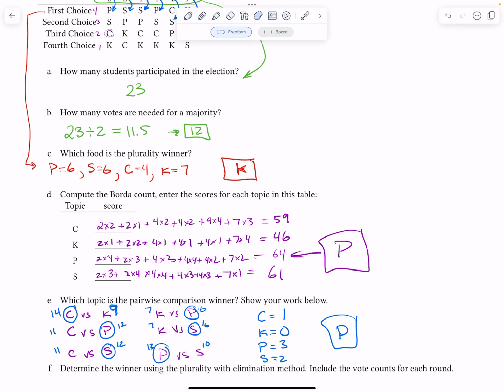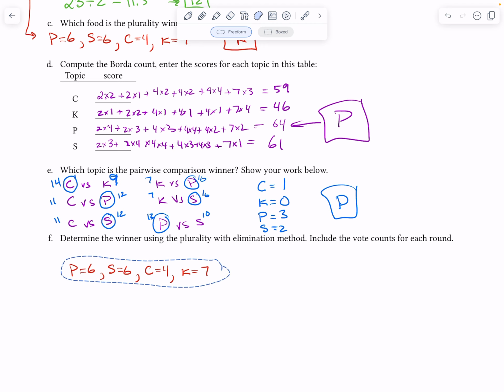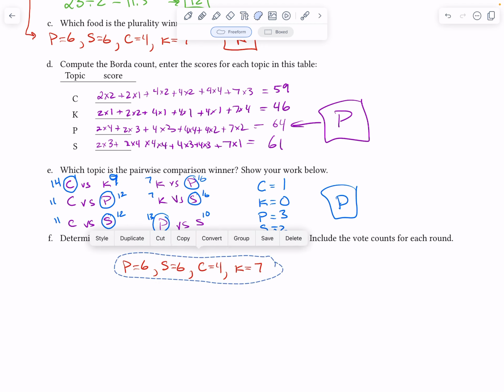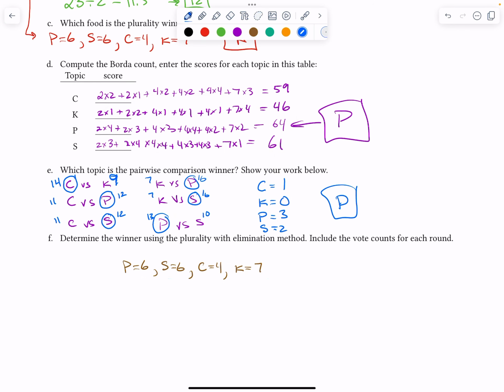For this one, though, we've already got the first round, and that's up here with the plurality thing. So this is round 1. Let me just change this to be, how about brown? Just to make it pretty. There.